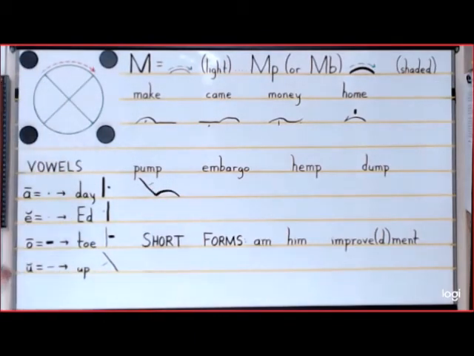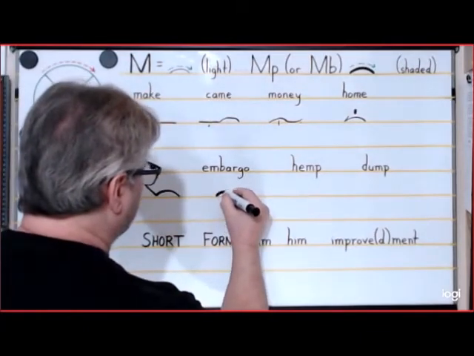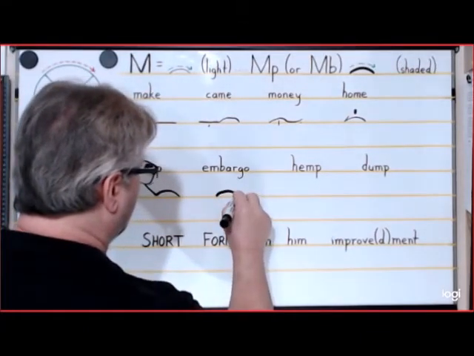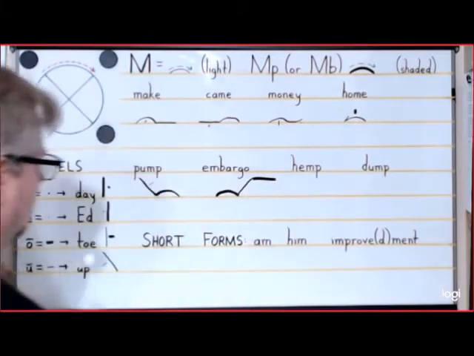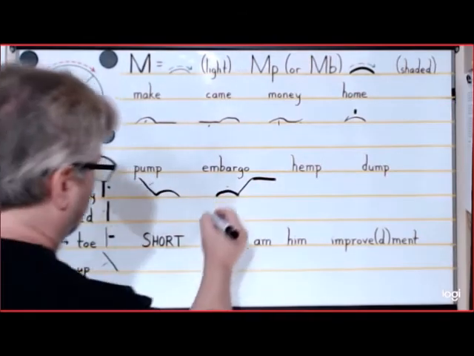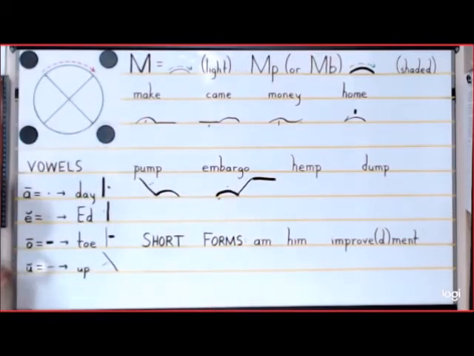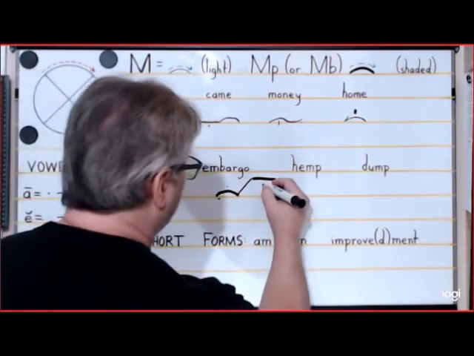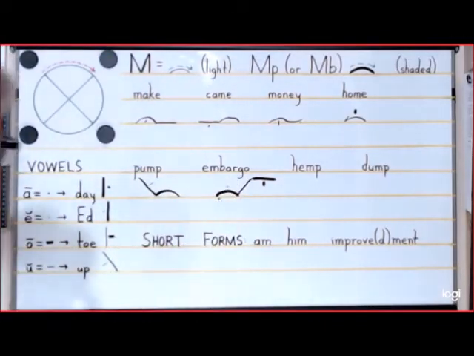For the word embargo, it is going to be the MB stroke, the R, and then a G. We'll put a light dot here, a heavy dot in the first position after the MB stroke, and then a heavy dash for the O sound in embargo.